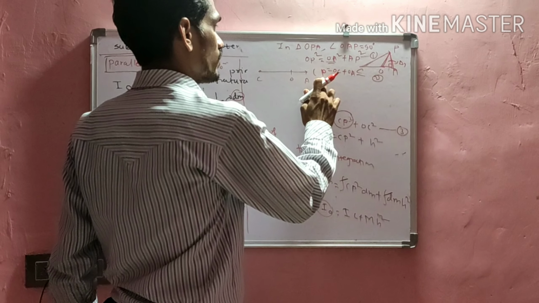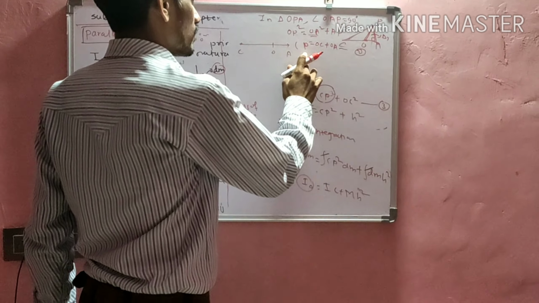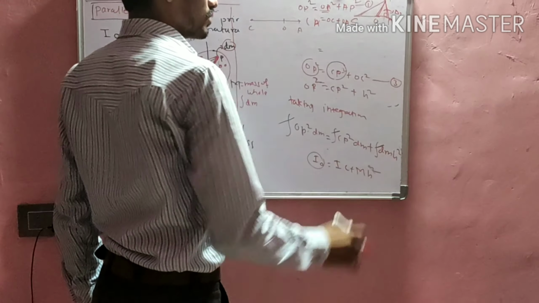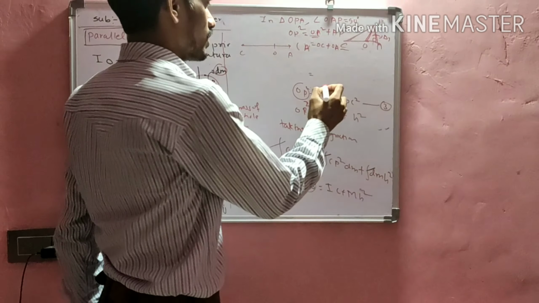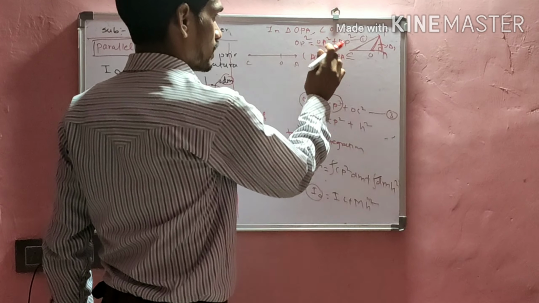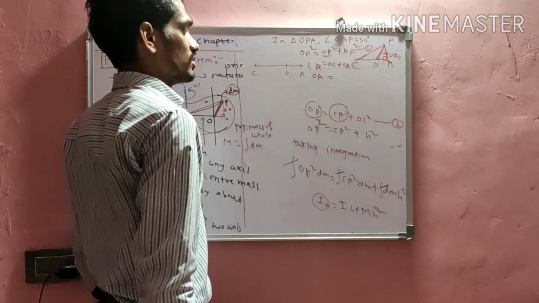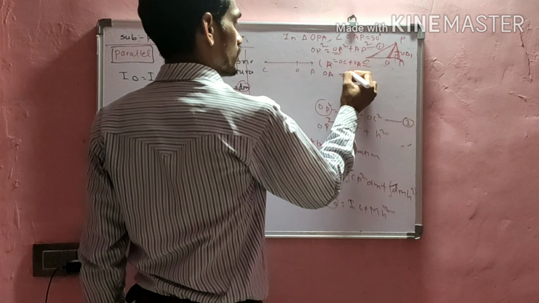So here we got C. It is not CP, it is CA. So we want OA. How to get OA? Just shift that side.